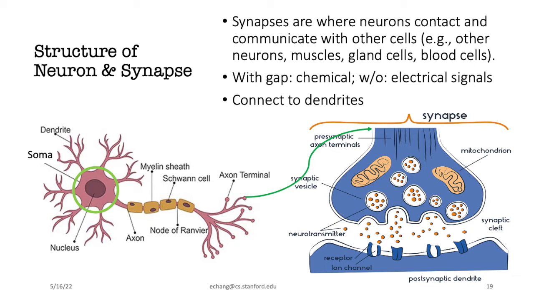The output ports, axon terminals, emit either electricity or chemicals. When the emission is chemical, there's a gap between the output and the input dendrites. But here we can kind of ignore the chemical transmission, because when the chemical reaches the other side, the next neuron, the downstream neuron, the signal will be converted to electrical anyway, right? So in general, we can think about only electrical information passing between neurons.